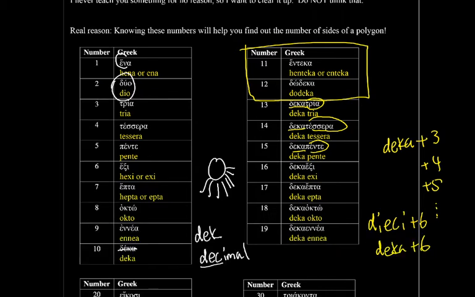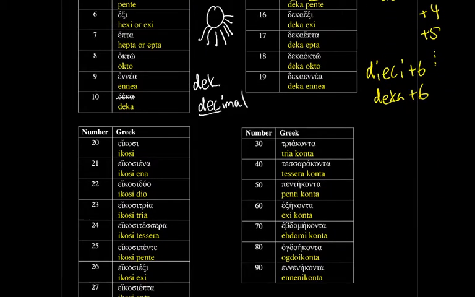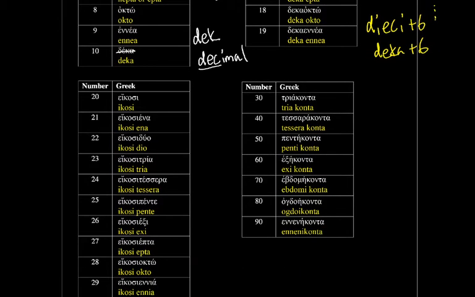And then when we go into 20, it becomes a little bit more predictable. So here we have ikosi. 20 is ikosi. E is another way to say 1 in ancient Greek.